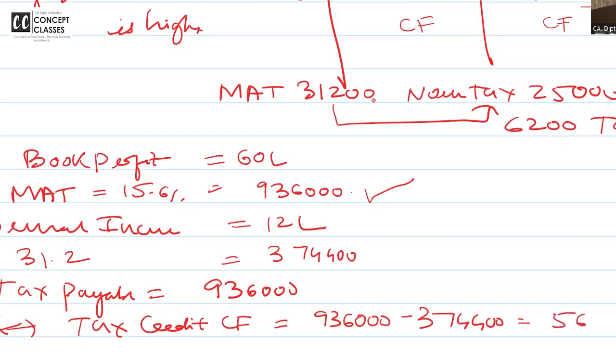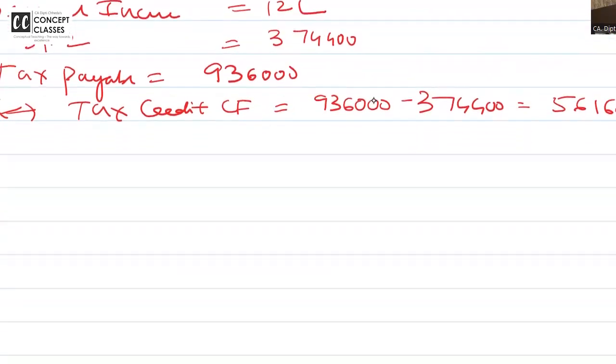So 5,61,600 is carried forward. Easy? Yes. Chalo. That's all for this. Some small problems they are, but the tax credit concept we should know. Next one.